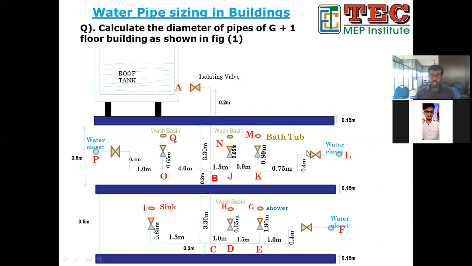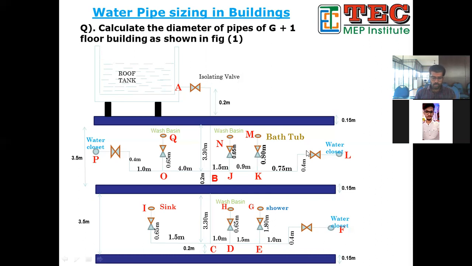Then we know the loading unit from a chart. Then we found the discharge from the chart. Then we found the pipe diameter by the help of Q is equal to A into V. The velocity is 0.8 meter per second, that is the constant. From there we found the D value.